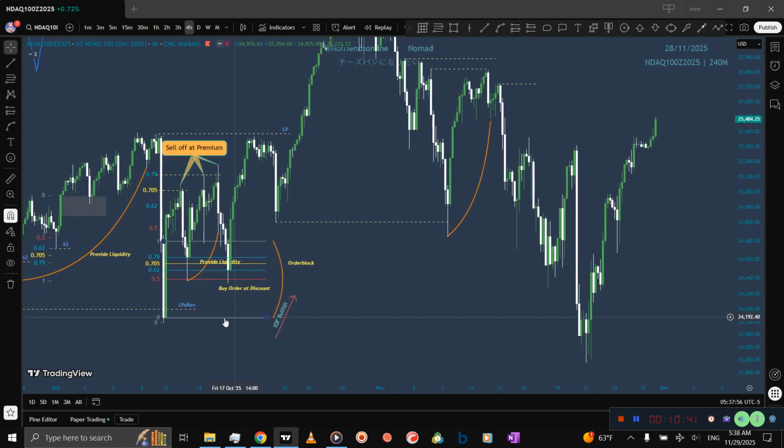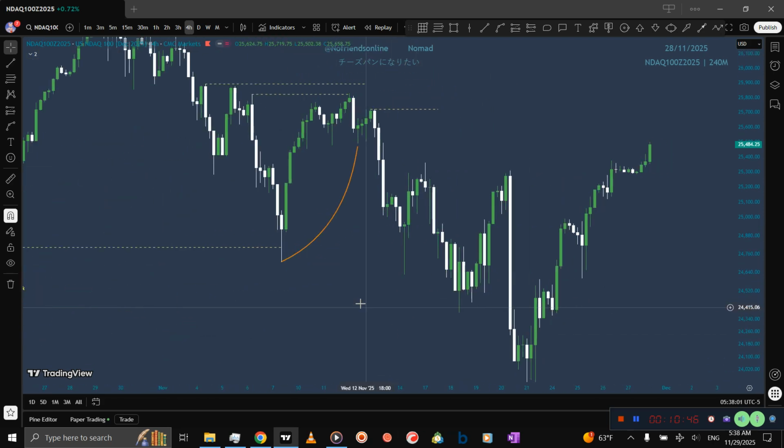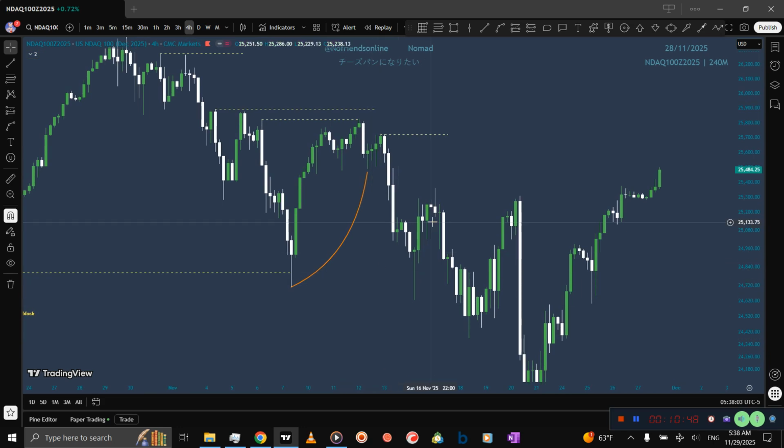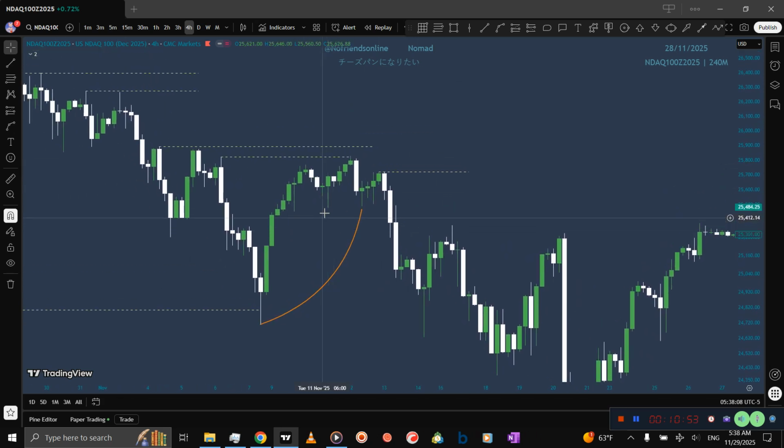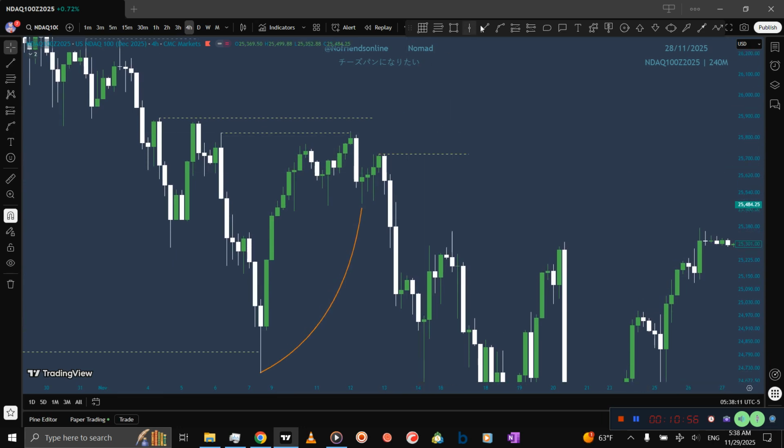Our big range is still here because we had a big void, so price is still with an IOF bearish. So it's a provided liquidity, especially here when we had a higher low and another higher low. So basically everyone thought we're going to break this high and let's go for the new ATH.